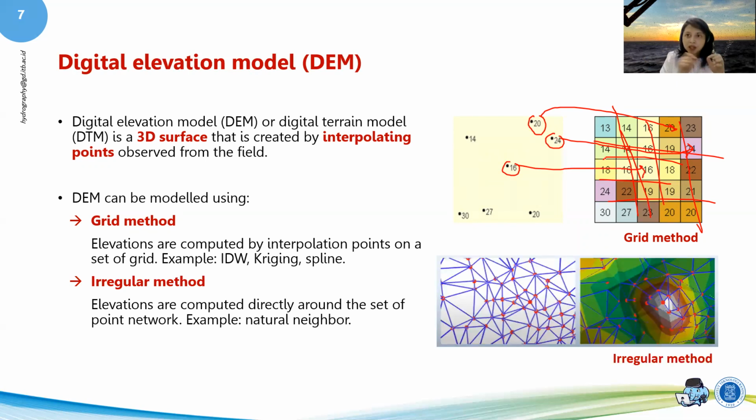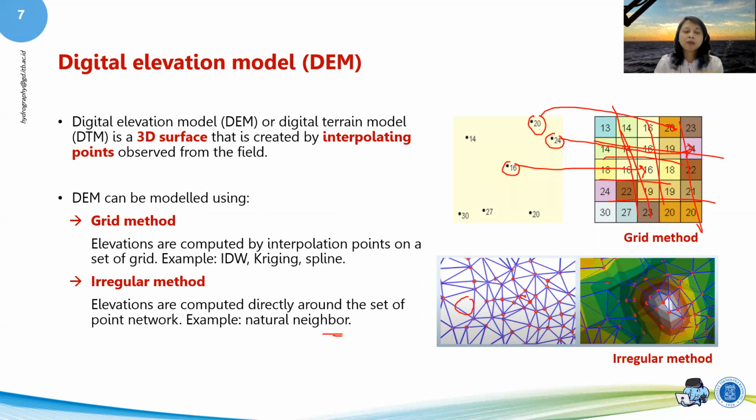For example, you make a network out of your points, and you can see already from the network that this area is quite sparse, this area is quite dense. So when you're doing the irregular method, you make it into clustered points, whereas in the gridded method, you make a surface that is normalized in some way.